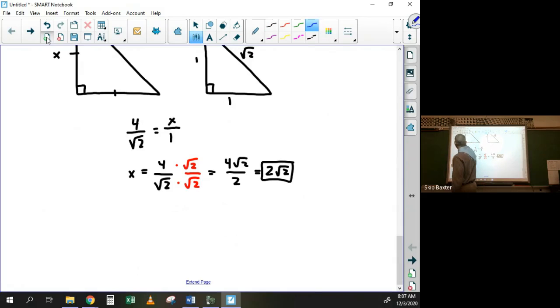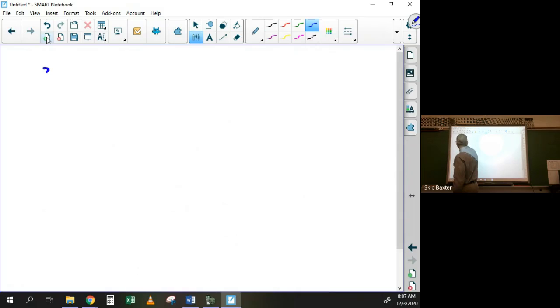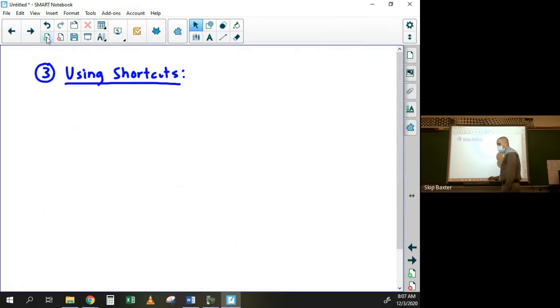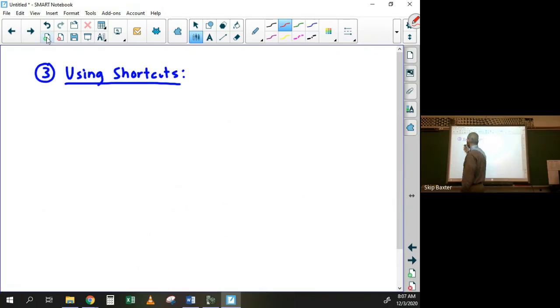The third method is using shortcuts. And there are really easy shortcuts that you can use to find the missing sides of an isosceles right triangle. Here are the shortcuts.